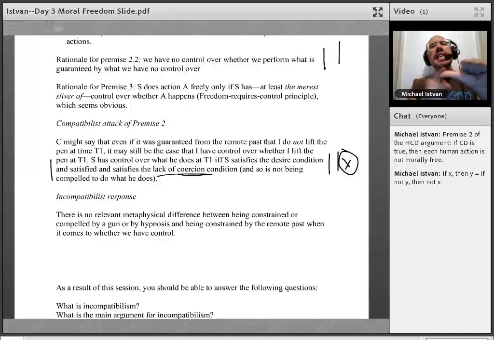Premise one: if CD is true, then everything that I do is the result of a force that's alien to me, namely the past before my birth. Premise two: if my actions are the result of a force alien to me, then my actions are not free. Therefore, if CD is true, my actions are not free.